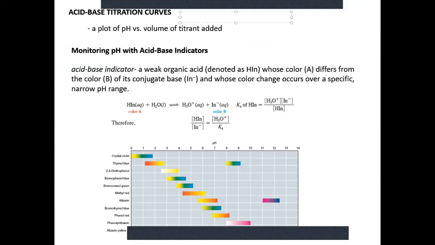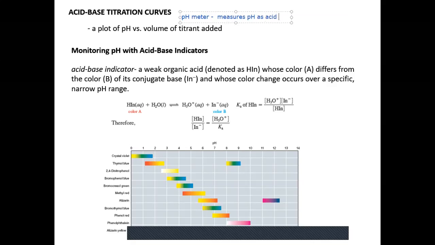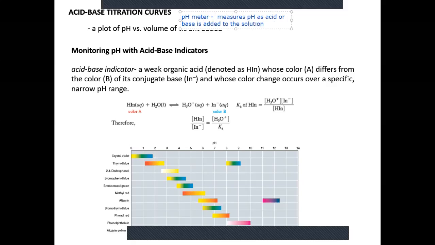And from the pH meter, you can determine what the pH is as acid or base is added to your solution. And then what you would do is you would take a plot of this pH and volume of base or acid, which is called the titrant, and then from there you get your acid-base titration curve.